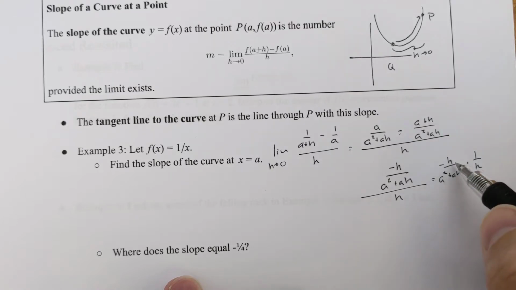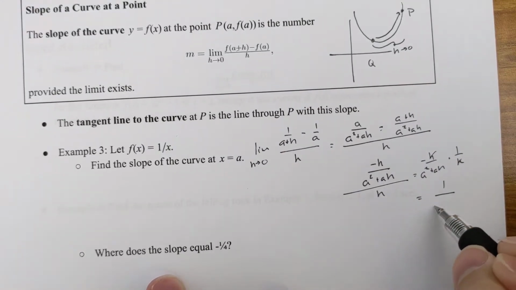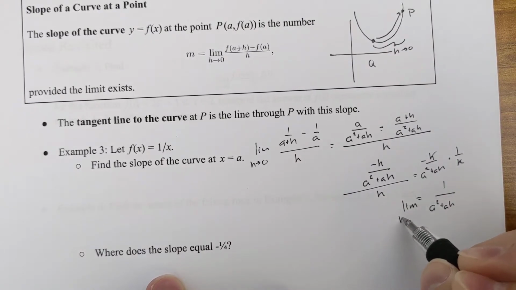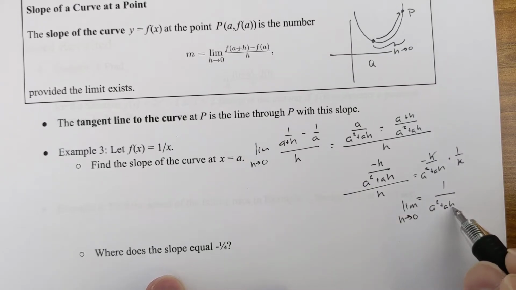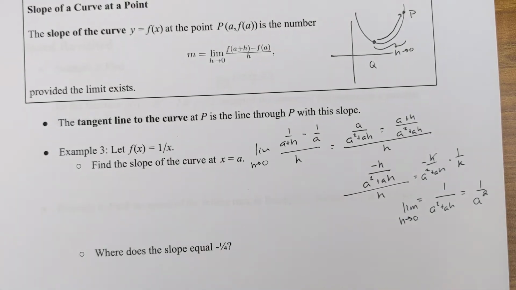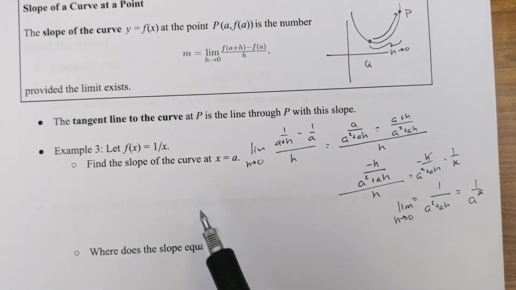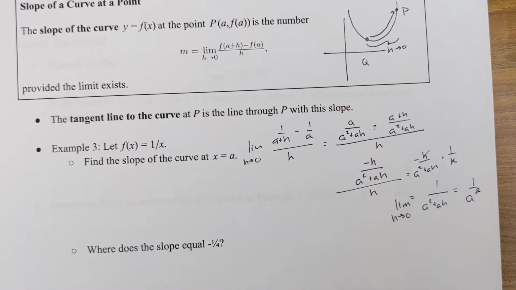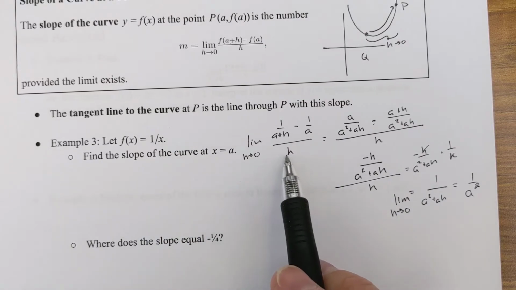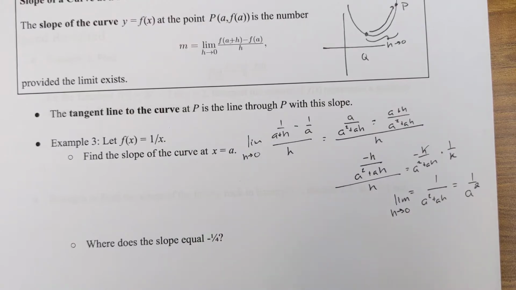So times 1 over h. So these h's cancel, leaving me 1 over a squared plus ah. But I'm doing the limit as h goes to 0, which means I can do a substitution step and plug 0 in for h. So this just becomes 1 over a squared. So that's the slope of the curve at x equals a, 1 over a squared. So now the reason I can't do substitution right from the start is that would force me to divide by 0. I'd end up with 0 over 0, which doesn't do me anything useful.